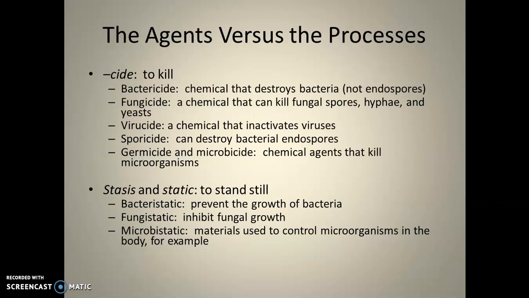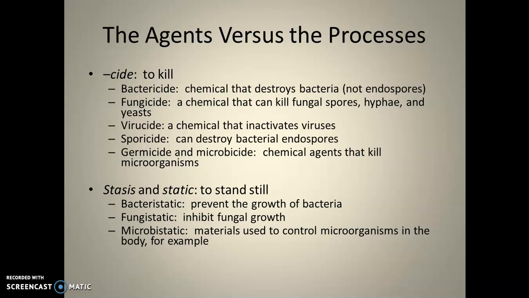So we have bactericidal or bacteriostatic processes, or fungicidal, sporicidal, fungistatic, or microbistatic. Essentially the ending there, cidal, means to actually kill. So that is describing a process or a chemical or an agent that is actually going to kill those types of microbes.